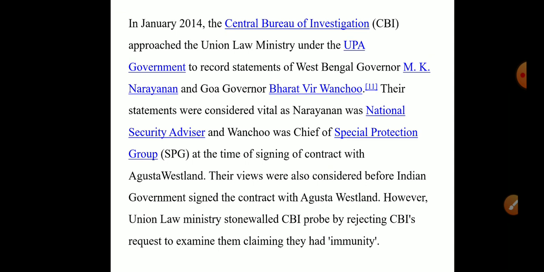So at the time of signing of the contract with AgustaWestland, their views were also considered before the Indian government signed the contract. However, the Union Law Ministry stonewalled the CBI probe by rejecting CBI's request to examine them, claiming they had immunity. So this is how governors are saved, right?